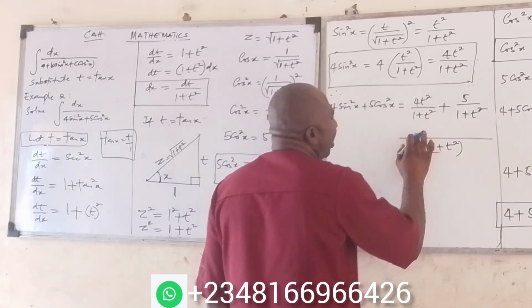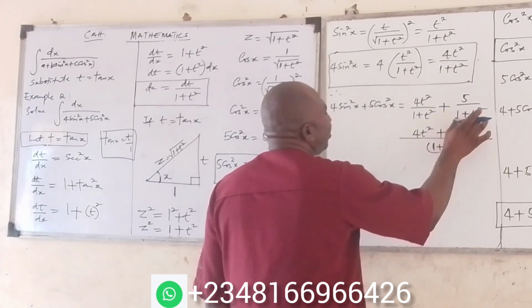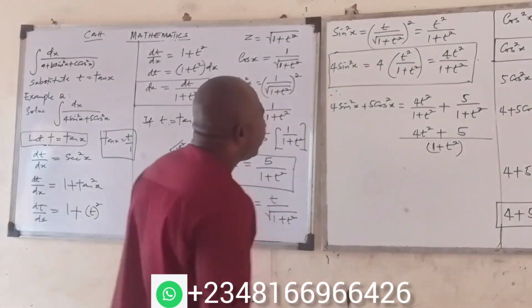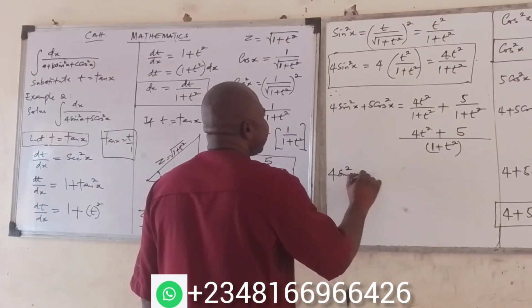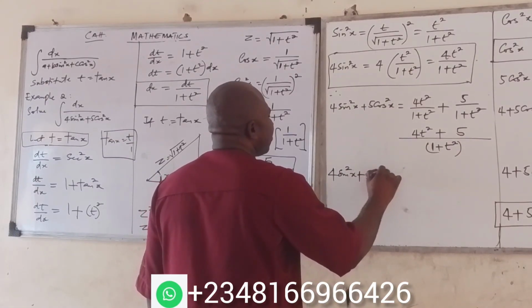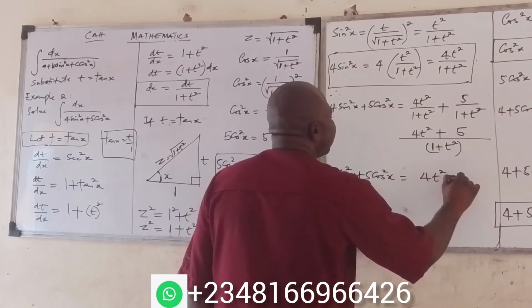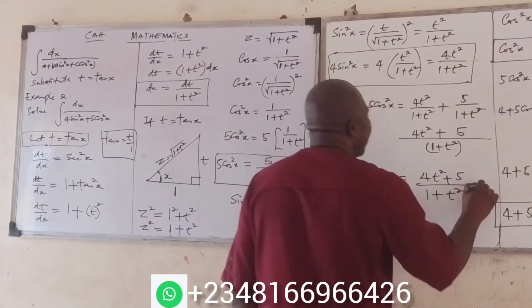So this into this is 1, 1 times 4T squared is 4T squared, plus this into this is 1, 1 times 5, that will give us 5. So it therefore means that 4 sine squared x plus 5 cos squared x is equal to 4T squared plus 5 divided by 1 plus T squared.